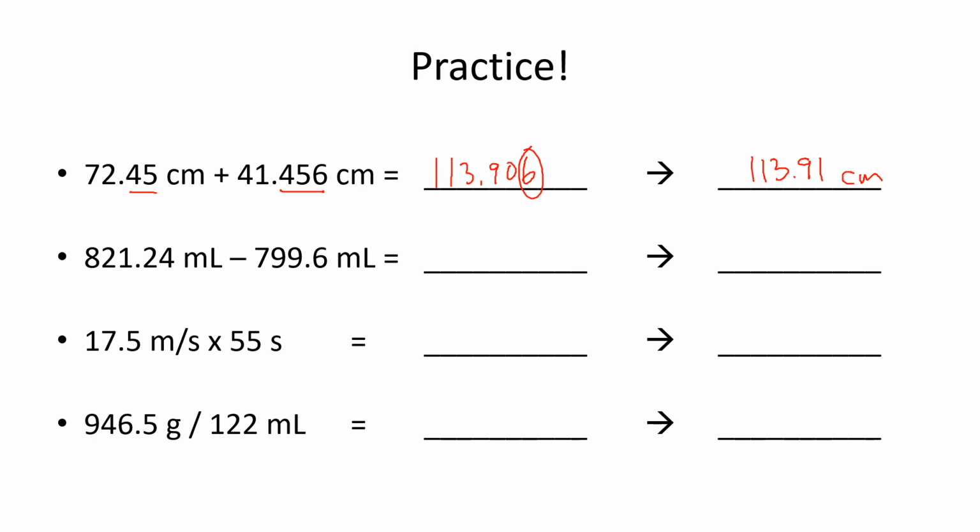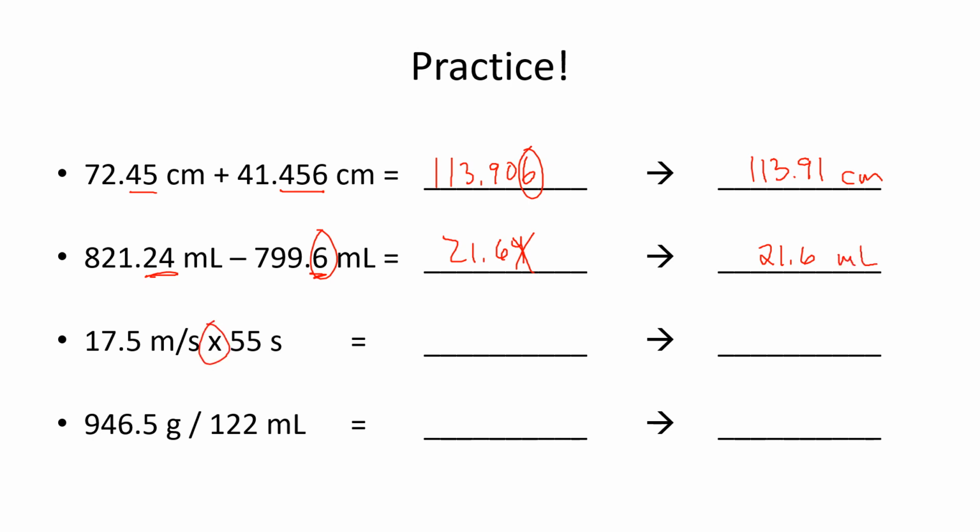Great. Next one, 821.24 minus 799.6 equals 21.64. That has 1 after the decimal. This has 2 after the decimal. I have to go with 1, so we're going to get rid of that one, which means just 21.6 milliliters.